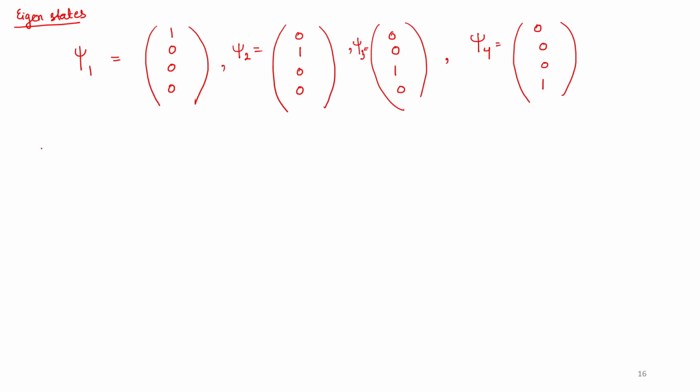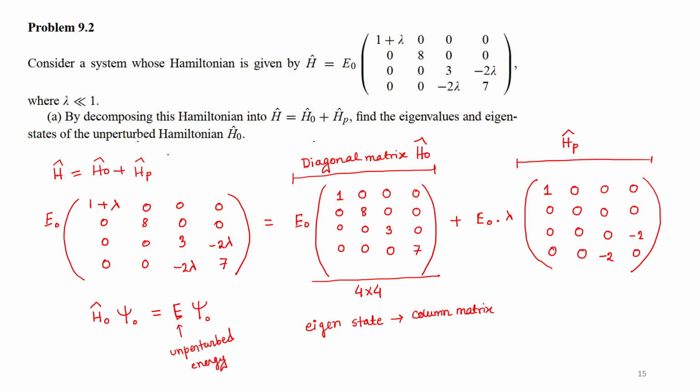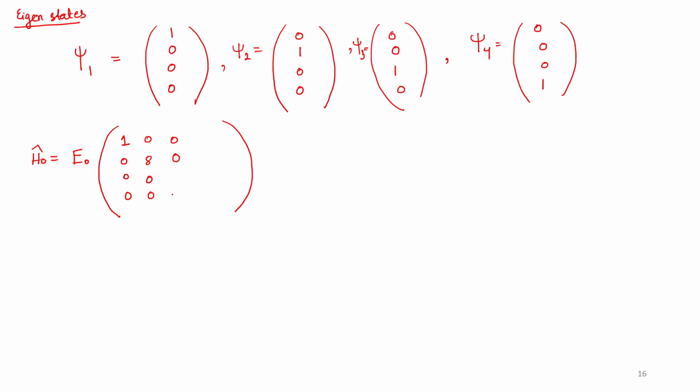And now suppose your H naught, you know, right, it is E naught times the matrix with entries 1, 0, 0, 0; 0, 8, 0, 0; 0, 0, 3, 0; 0, 0, 0, 7, right?